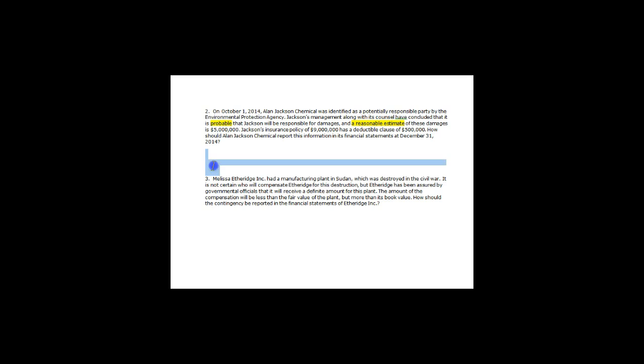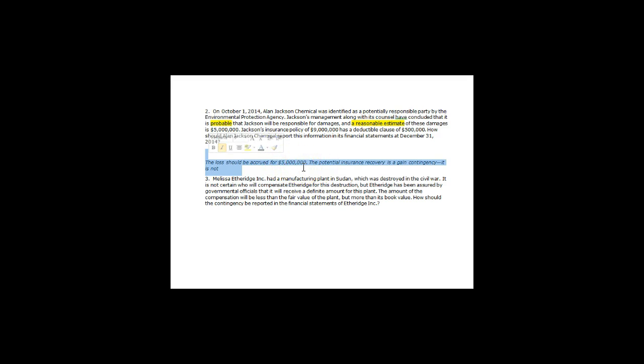Now, in this particular case, the author of this case said we would accrue the full $5 million, and that the $500,000 is a gain contingency, so we would not accrue it. So that's the author's solution. I think you would find accountants who might argue differently than that and would accrue 4.5 million instead of 5 million.